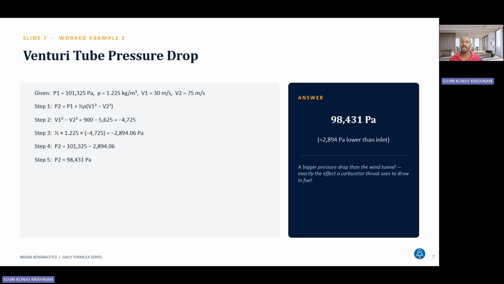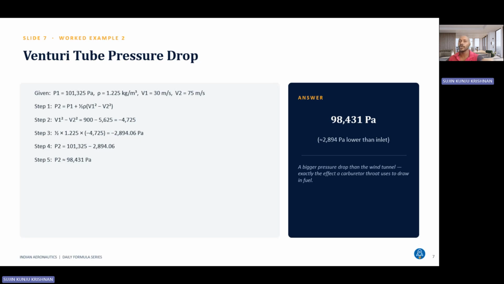1/2 times 1.225 times negative 4,725 equals approximately negative 2,894 pascals. Add to P1: 101,325 minus 2,894 equals approximately 98,431 pascals.